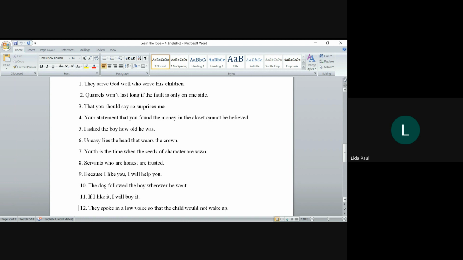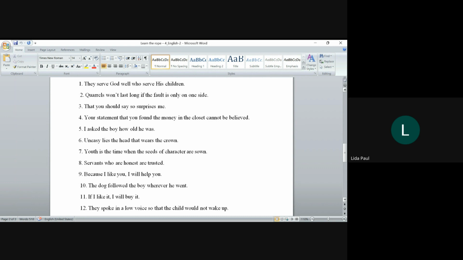What kind of subordinate clause? Nominal, ma'am. Okay, your statement that you found the money. It is directly linked to the statement, right? And I don't think you can replace it with a noun or a pronoun there. It's about the statement. What kind of statement, right? So, adjective, that would be the clause.